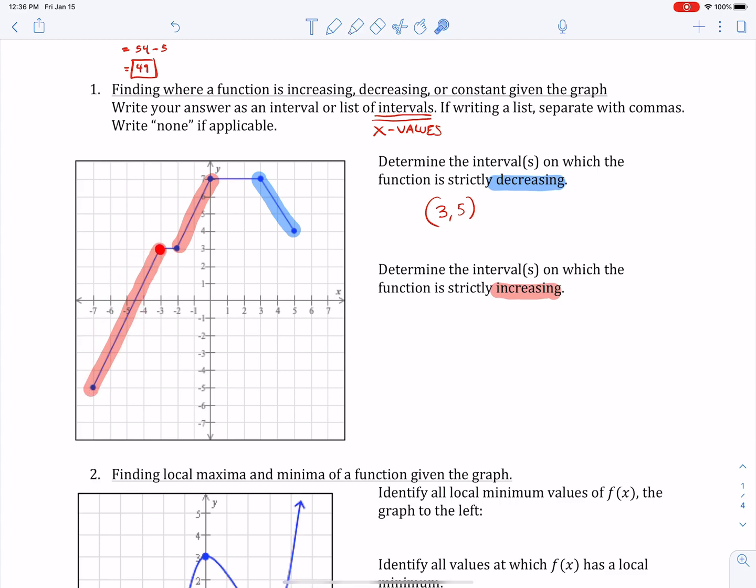This line segment, to be more specific, is at negative 7, and then it's increasing all the way to negative 3. So my notation would be negative 7, comma, negative 3, but I'm not done yet.